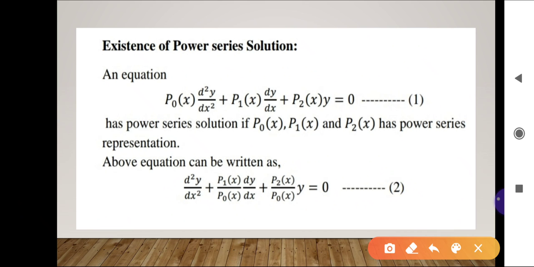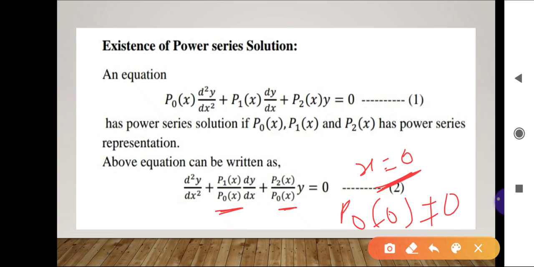That means this denominator, when you put x is equals to 0, then the value of p0 of 0 is not equals to 0. So that x is equals to 0 point is called ordinary point.